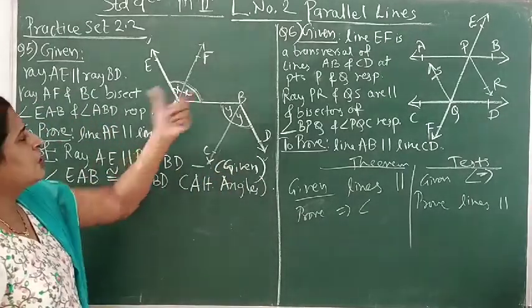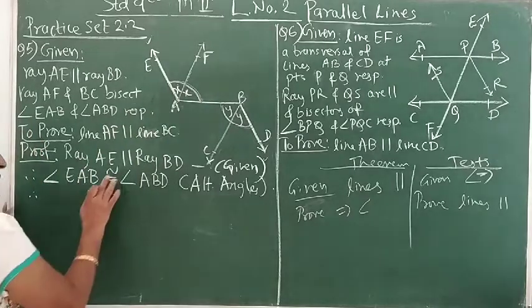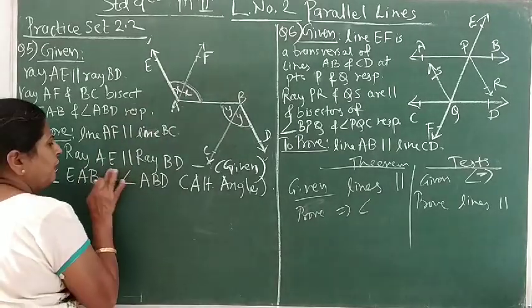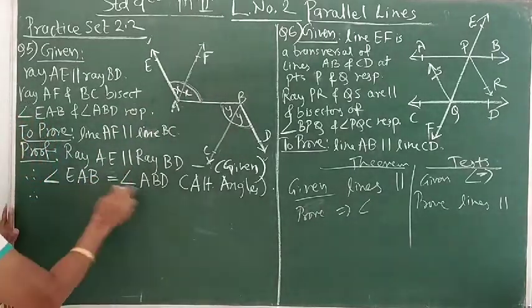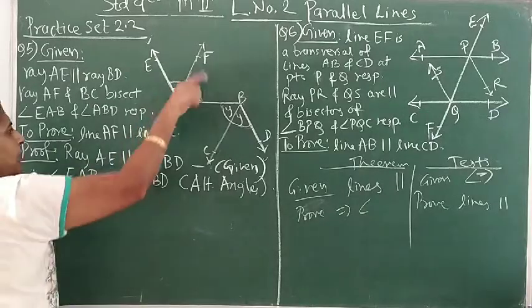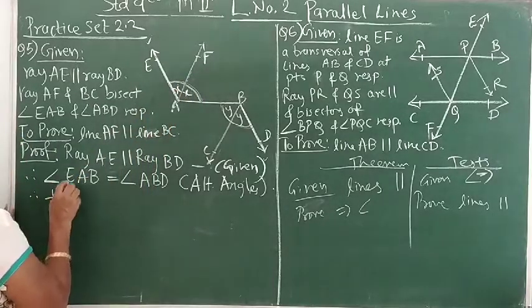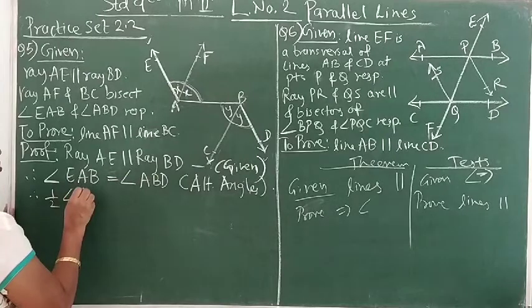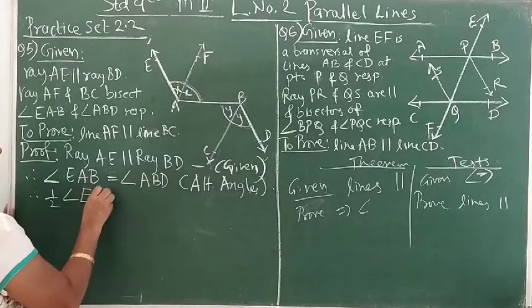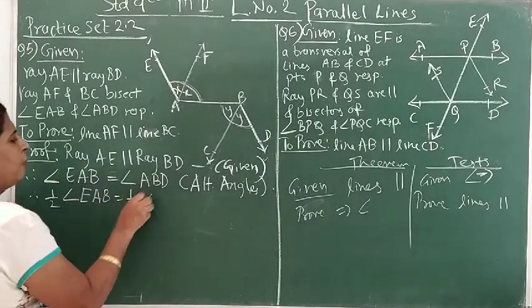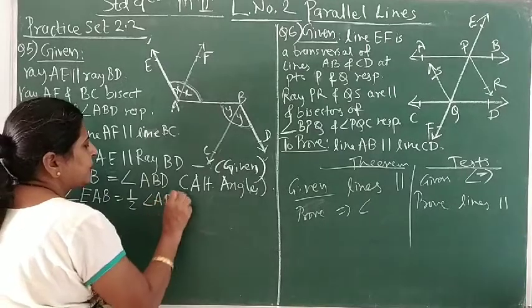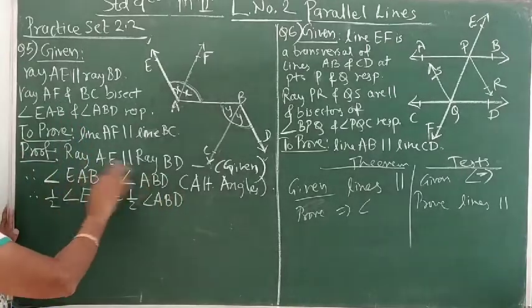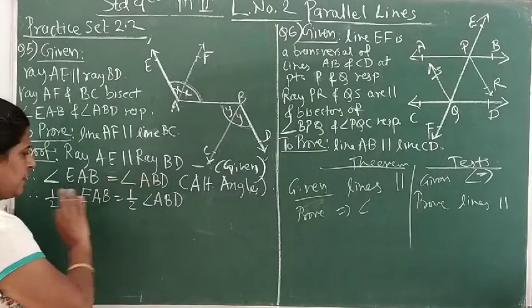If these two angles are congruent, their measures are equal. As we have to make half, we can remove the congruent sign. These two angles are of equal measure, and we can make half of this. Therefore, if these two angles are equal, half of these two angles should be equal. Half of angle EAB should be equal to half of angle ABD. So we have multiplied both the angles, left side and right side, by half.